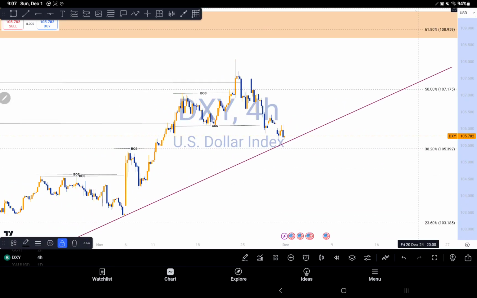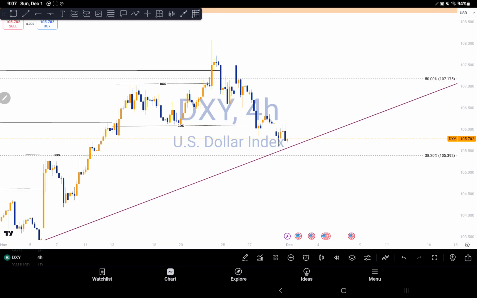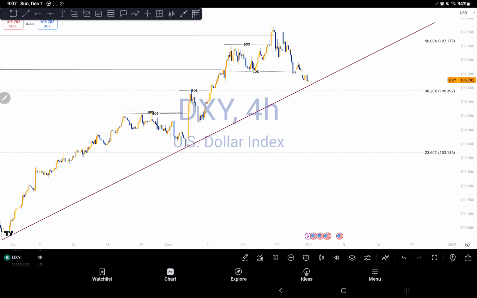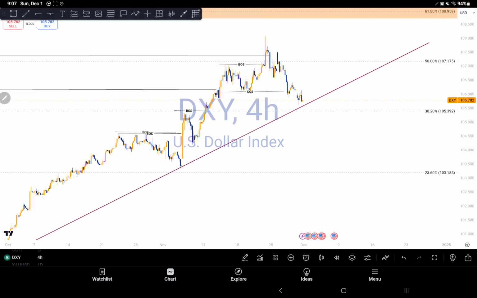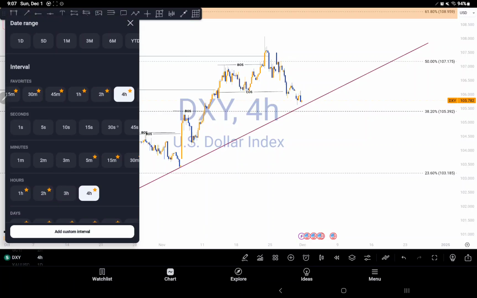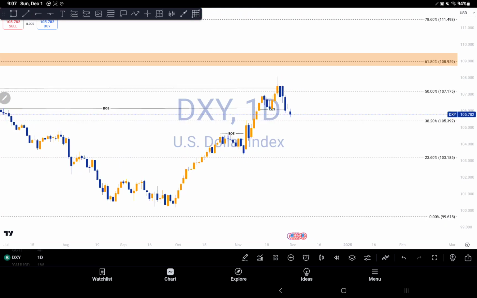Okay, on our 4 hour time frame, I already have it indicated right here. We can see then, so we can see. Let me go to my daily time frame and see. Okay, let's see right here.